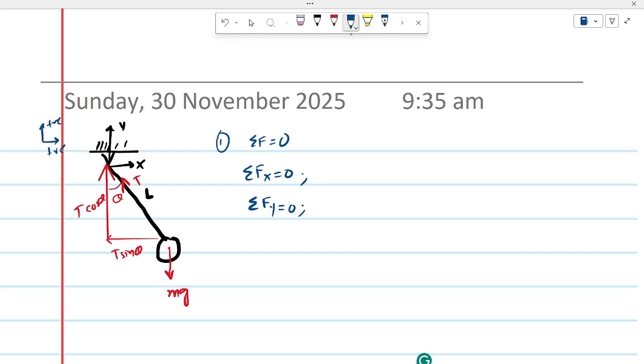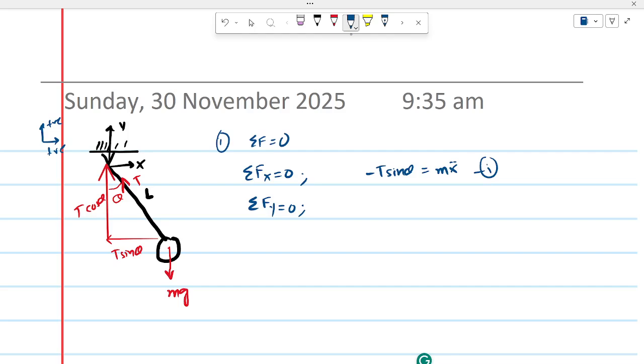You have to define a convention at the beginning so that you don't end up mixing these up. So the summation of Fx equals 0: T sine theta is towards the negative side, so minus T sine theta equals m x double dot. That's our equation 1, because T sine theta is balanced by the inertia of this mass along the x direction.